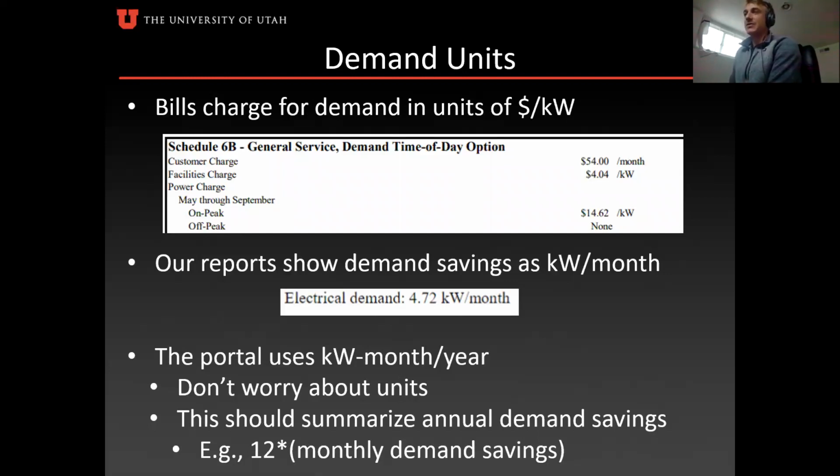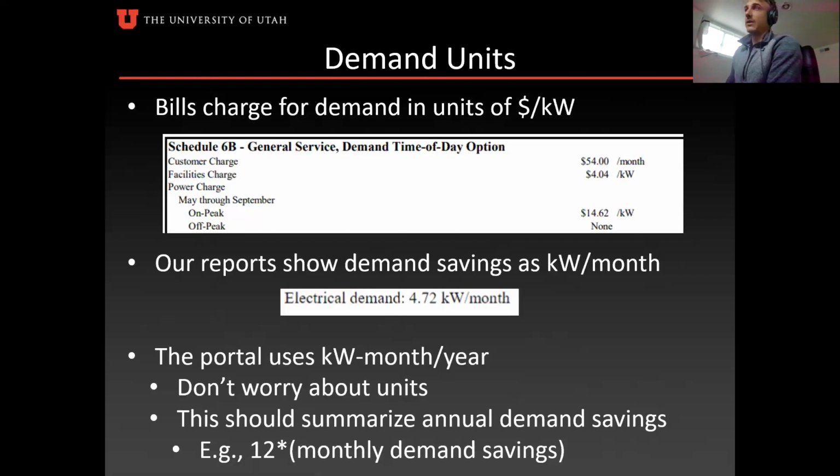Julie just told me not to worry about it too much, and I don't think you guys should worry about it either. But basically, that's a way to summarize the total demand savings for the entire year. So if you have the same demand savings every single month, you can just multiply that number by 12, and that'll give you the demand savings that you will enter into the online data portal.